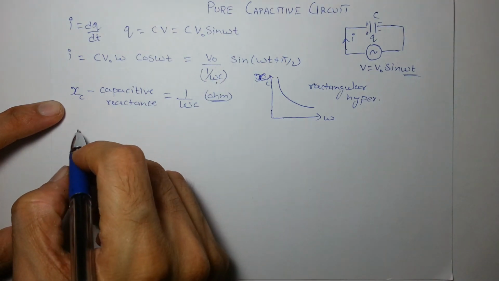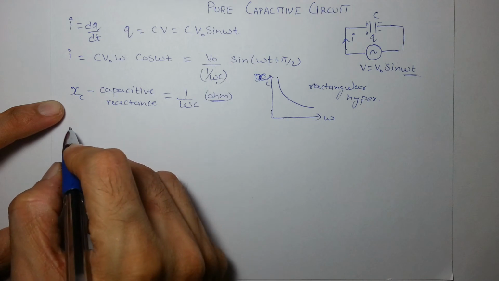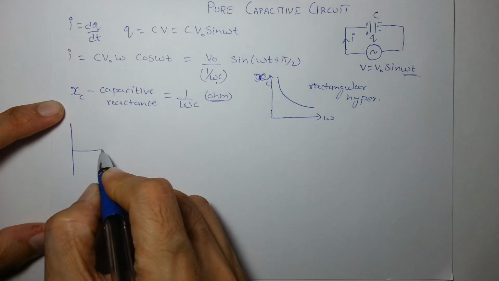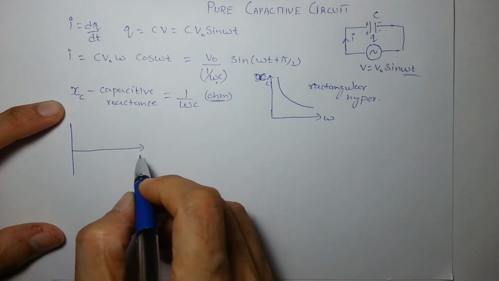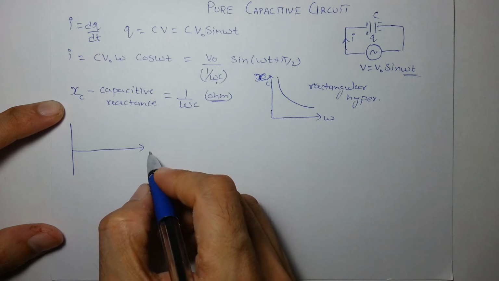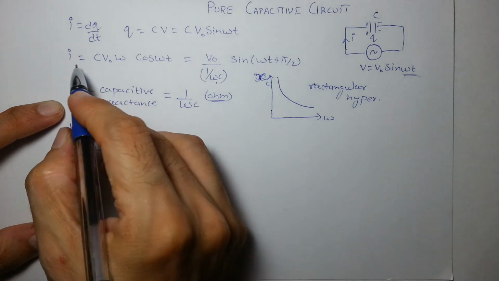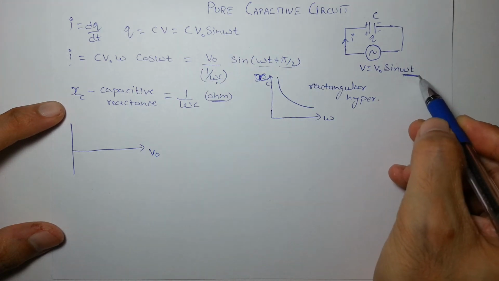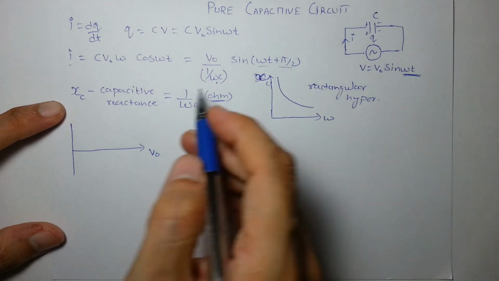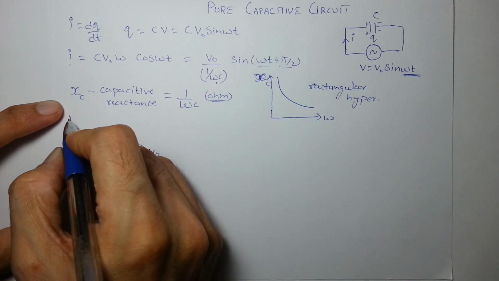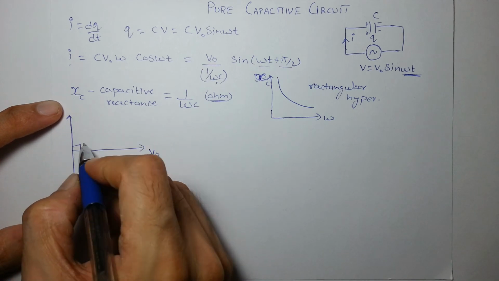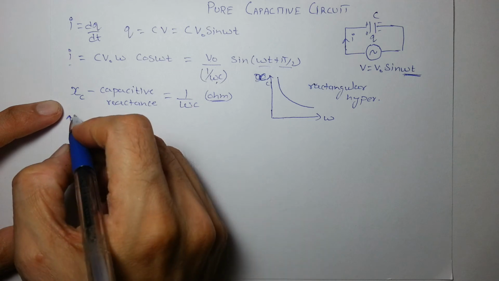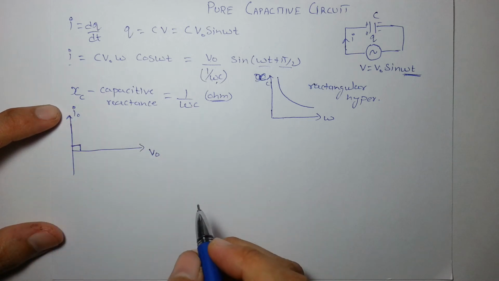We should also draw their phasors. If I represent voltage here, the current has phase omega t plus pi by 2, while the phase of voltage was omega t only, तो current आगे है voltage से by pi by 2. Okay, this is pi by 2, this is voltage, and this will be current.